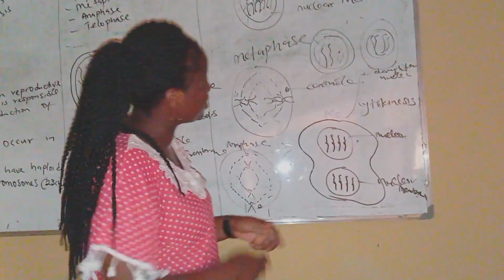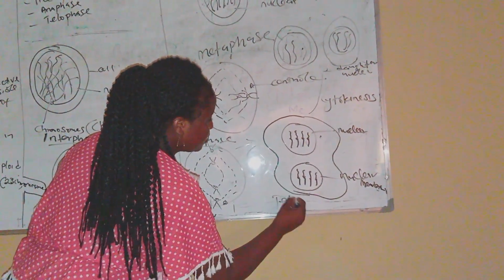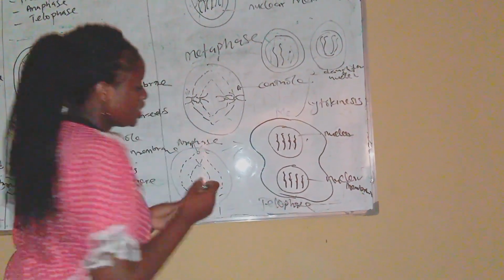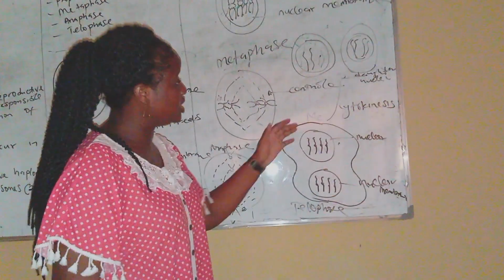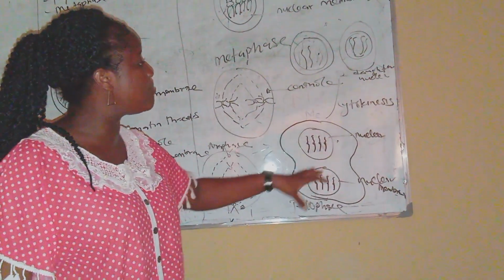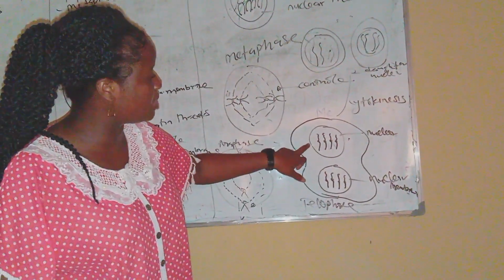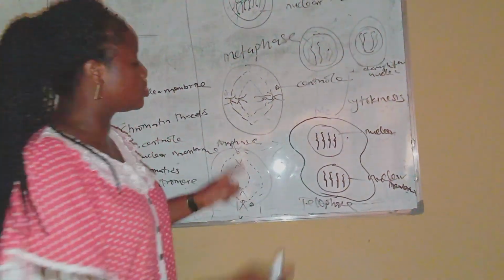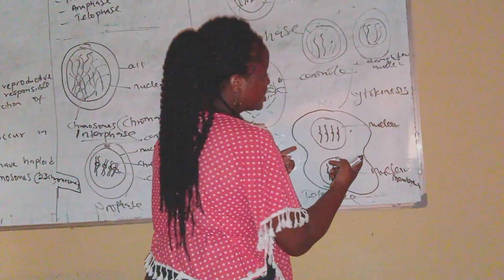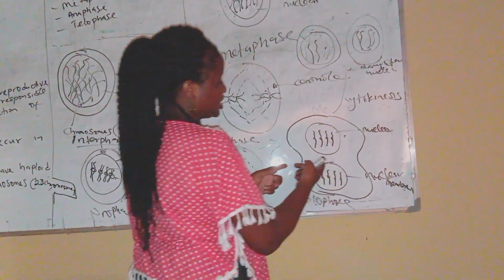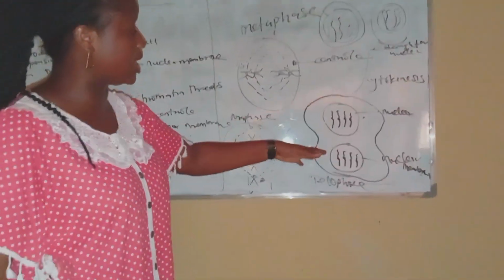Then next is telophase. In telophase, the daughter nuclei move to the opposite sides, and a nuclear membrane begins to form on both sides. So you could see the nuclear membrane here and also here. Then you could also see the cleavage furrow. This cleavage furrow allows for the separation or division of the cytoplasm.